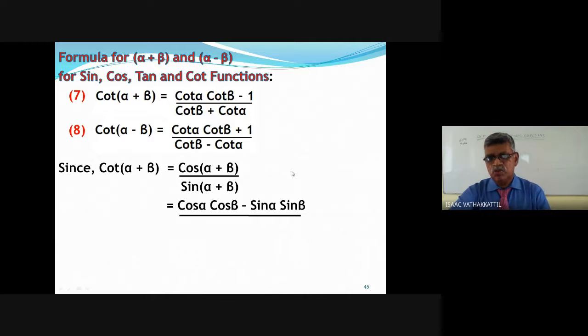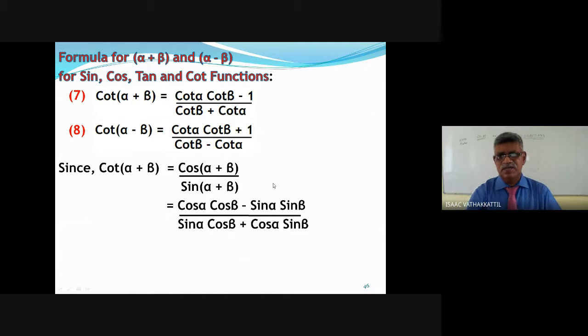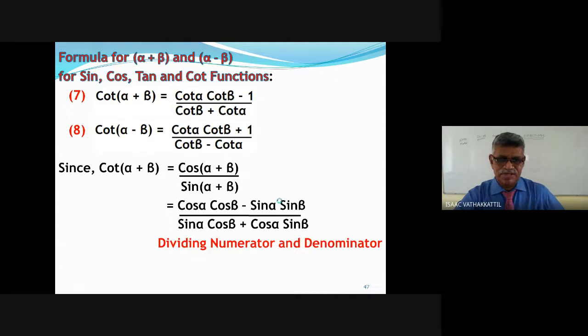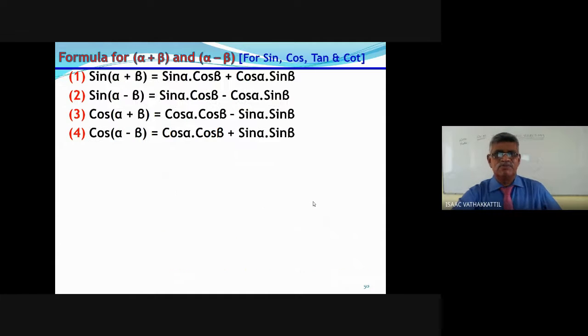Substitute cos alpha plus beta as cos alpha cos beta minus sine alpha sine beta, upon sine alpha plus beta, which is sine alpha cos beta plus cos alpha sine beta. I divide numerator and denominator with sine alpha sine beta so that you get the result.